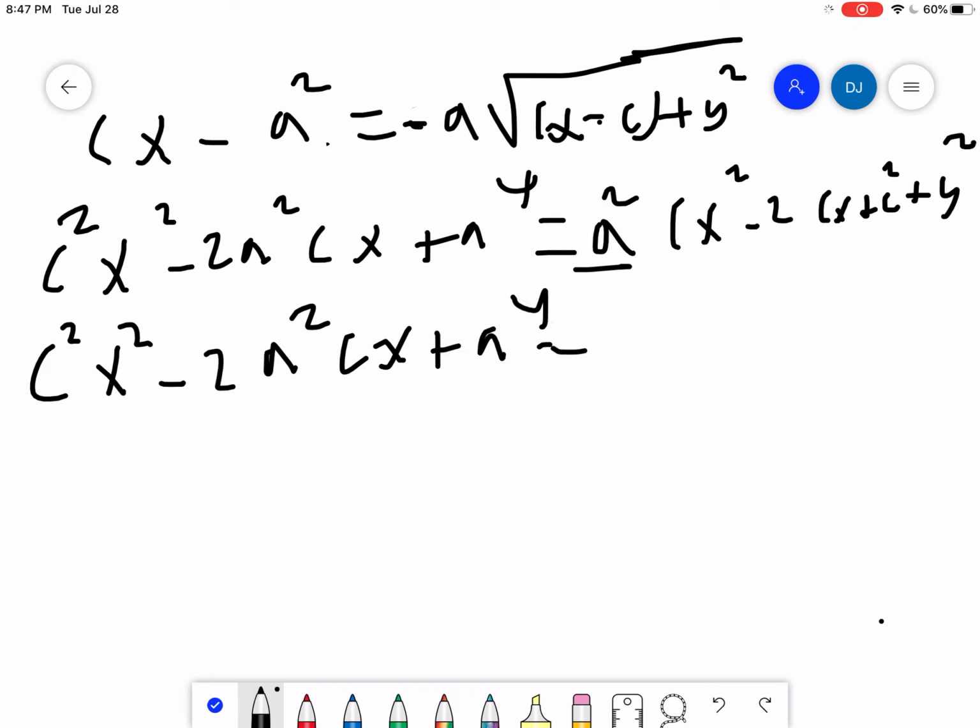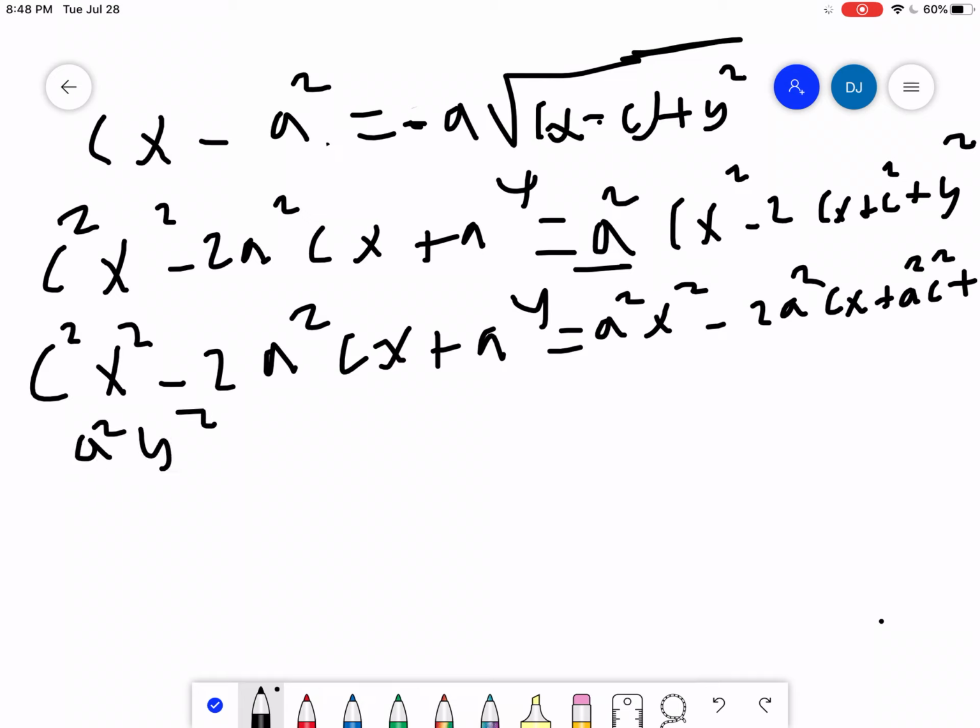is equal to a squared x squared minus 2a squared cx plus a squared c squared plus a squared y squared.